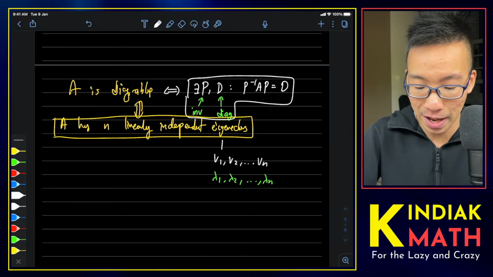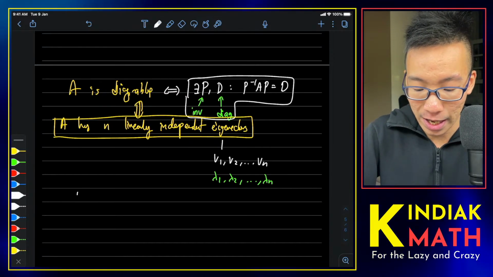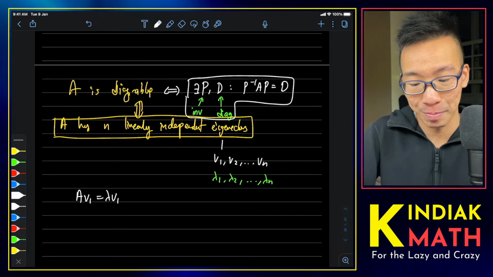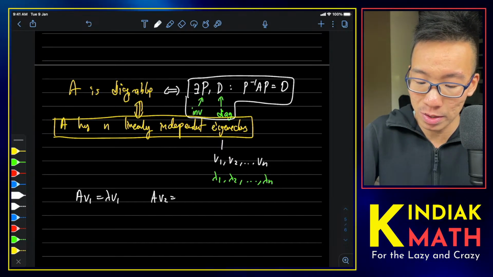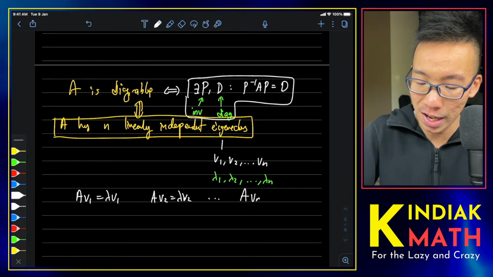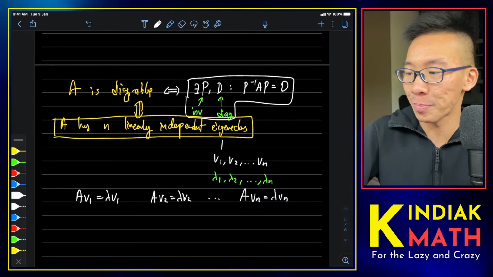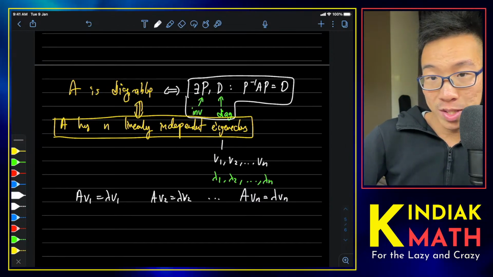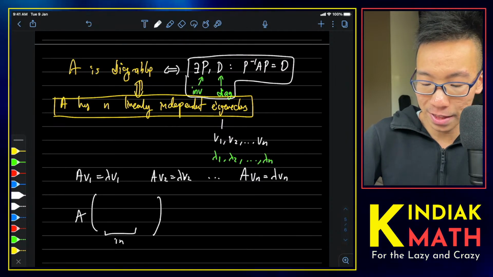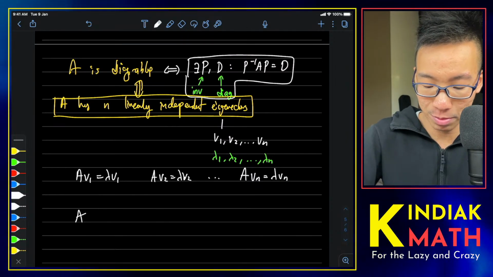But the point here is that A v1 equals lambda 1 v1 and A v2 equals lambda 2 v2, so on and so forth. A vn equals lambda n vn. Using stacking, we can stack the inputs together. Let me write it this way.